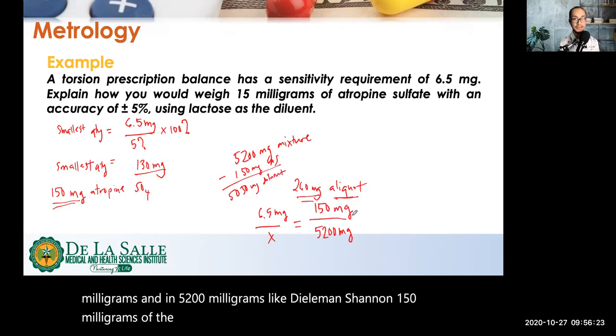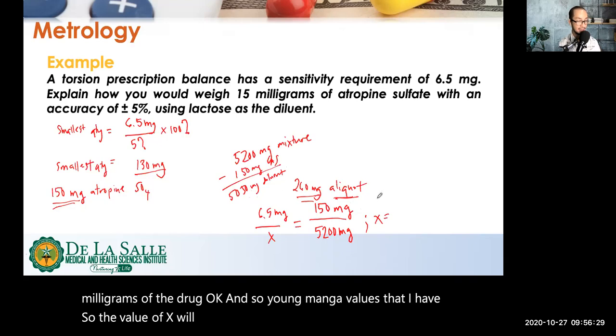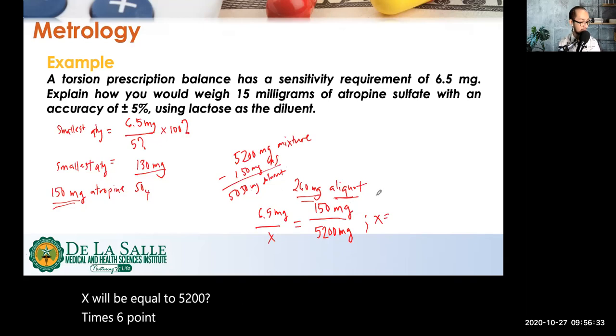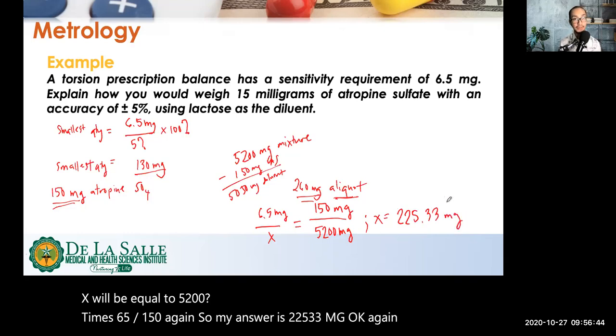So those are the values that I have. The value of x will be equal to 5,200 times 6.5 divided by 150. My answer is 225.33 milligrams. It's not quite a whole number.